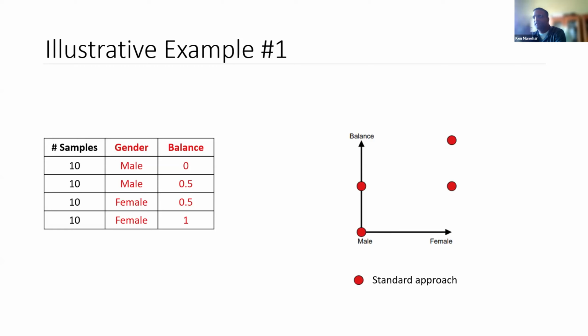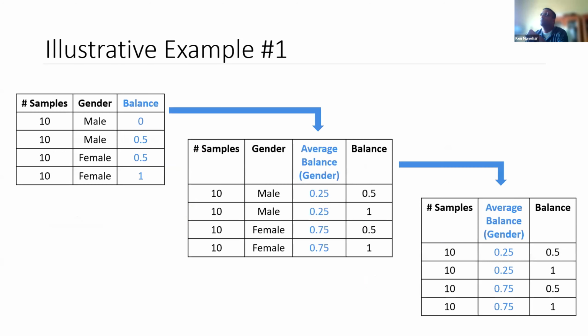If you apply any standard clustering here, you will get 4 clusters, represented as the 4 clusters on your right. Now, with the new approach, we want to select a target label. In this case, we have balance. We'll select balance as our target, and we'll represent all the features in terms of balance. In this case, we really just have gender. How we transform gender into terms of balance is that the average balance for males is 0.25 and the average for females is 0.75.